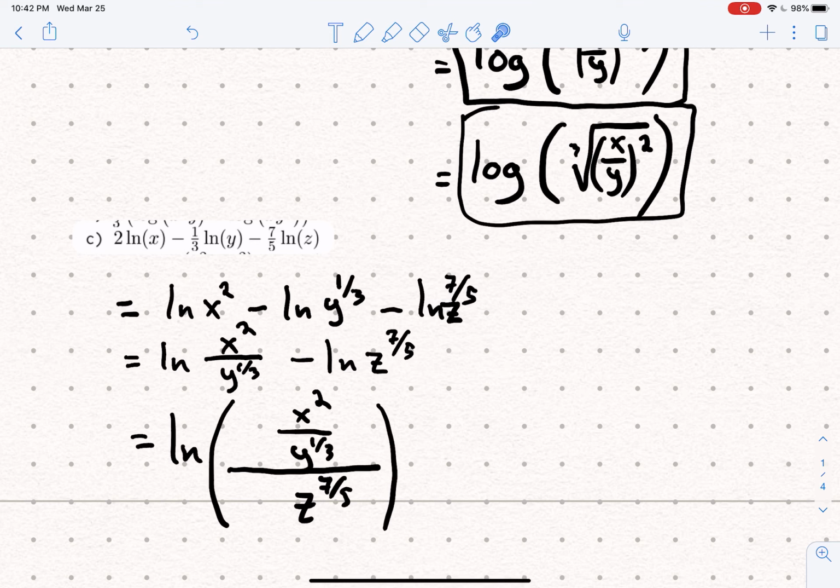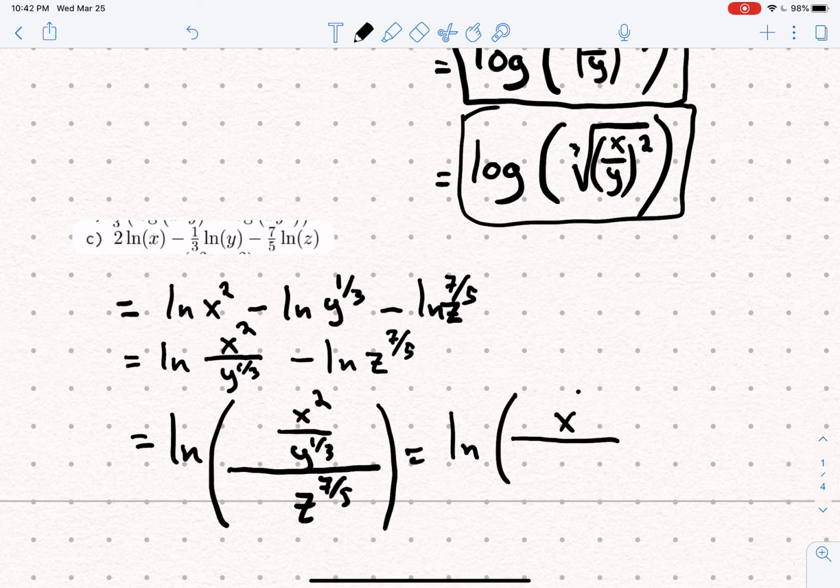And now to simplify this little fraction over a fraction, we can take this guy from the bottom of our big fraction, move it up to the top and flip it, put 1 over it, and multiply it by this guy. And the way that that will look, keeping everything just inside that ln for now, is it will look like so.